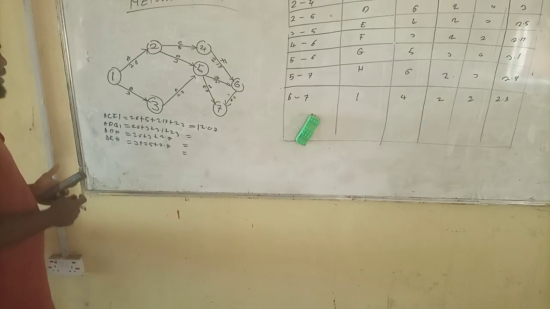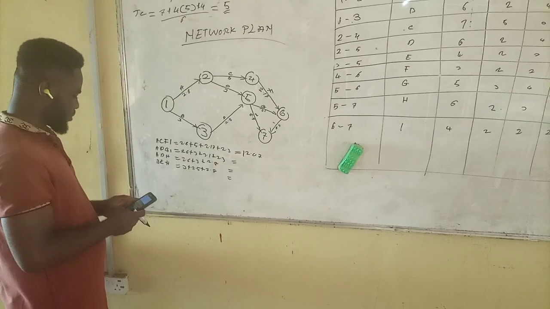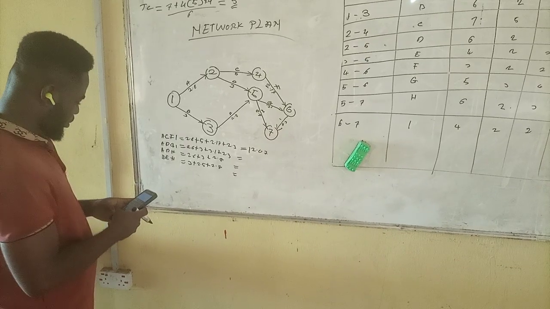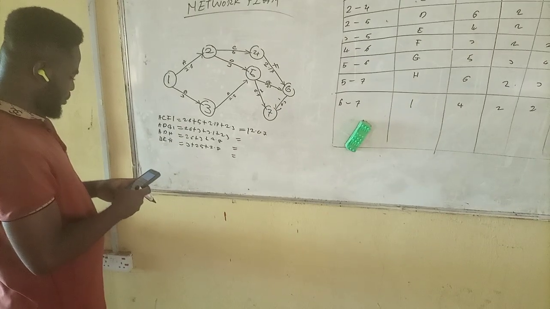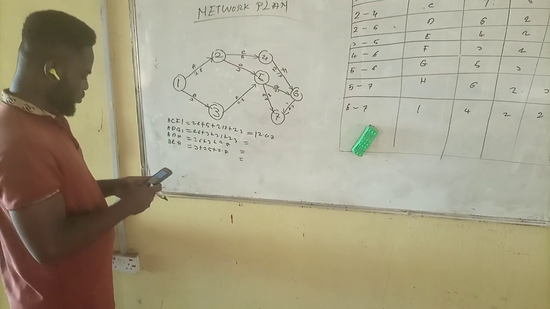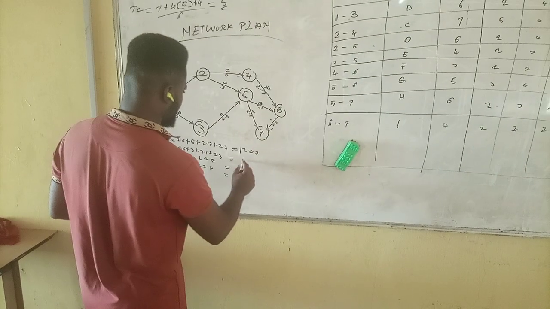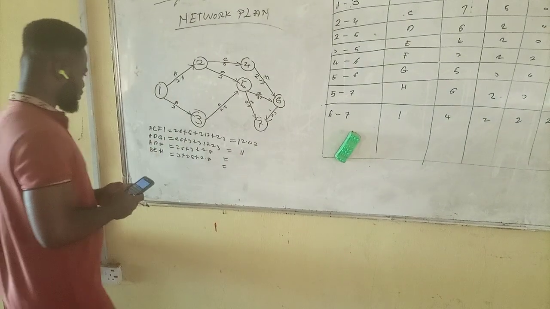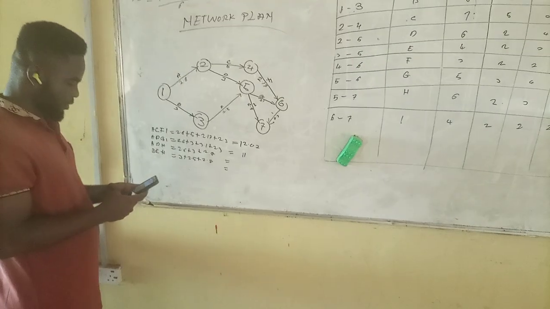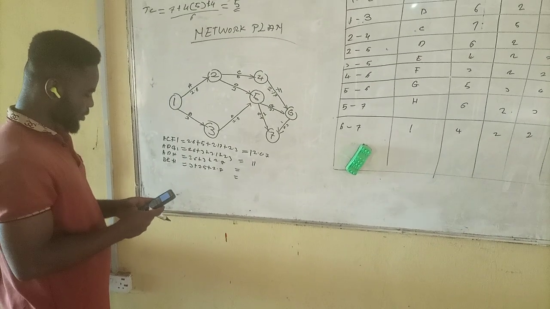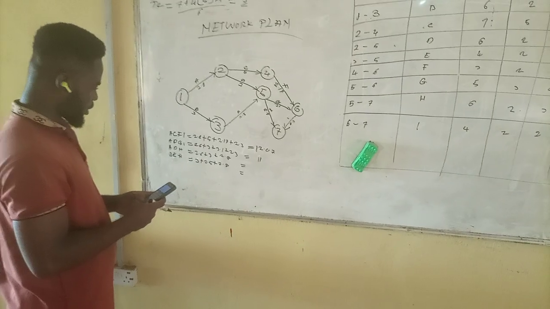Let's go to ADGI, which is 2.6 plus 3 plus 3.1 plus 2.3. That will be giving you 11. Let's go to the ADH, 2.6 plus 3 plus 2.8.